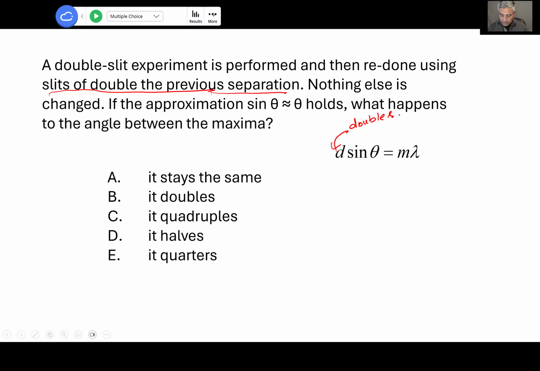So how do I do it, right? It's the same light. So this is the wavelength of the light. Unless we are changing the light or color, which we are not doing, nothing else is changed.